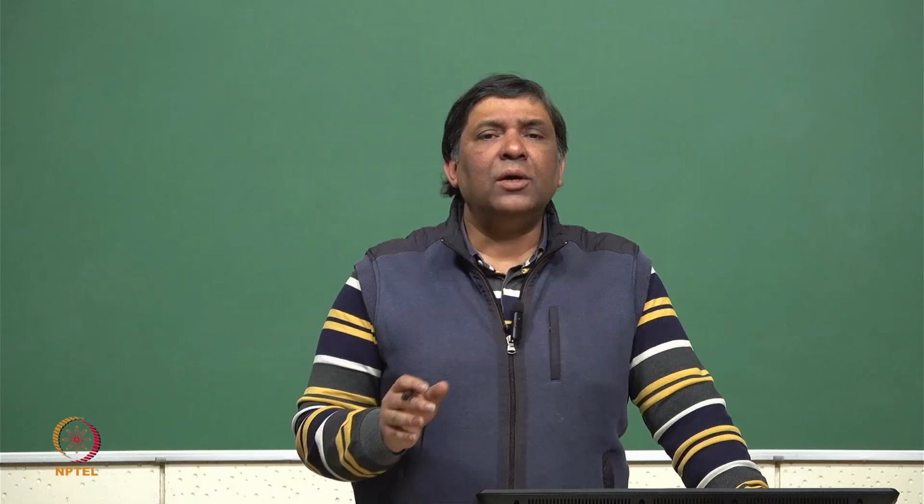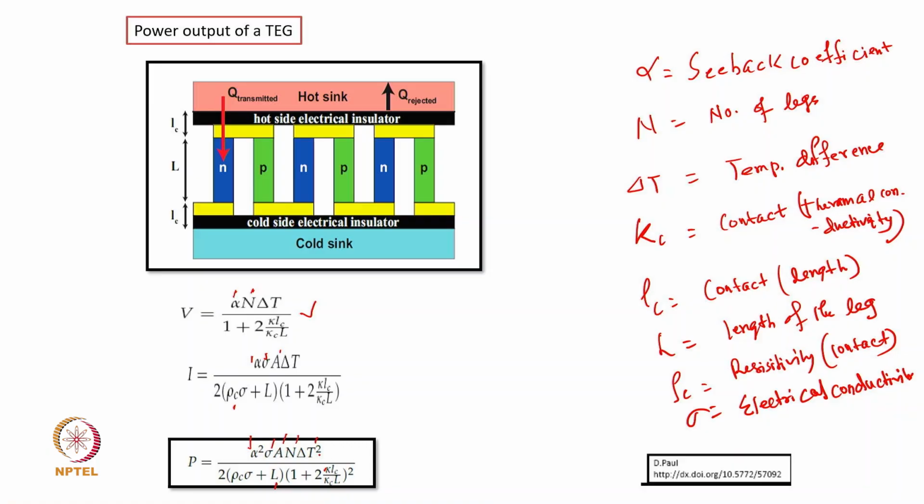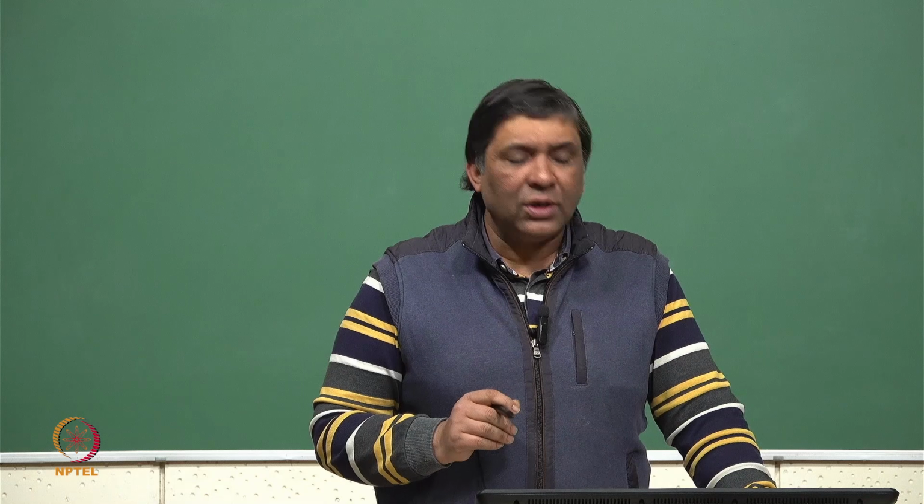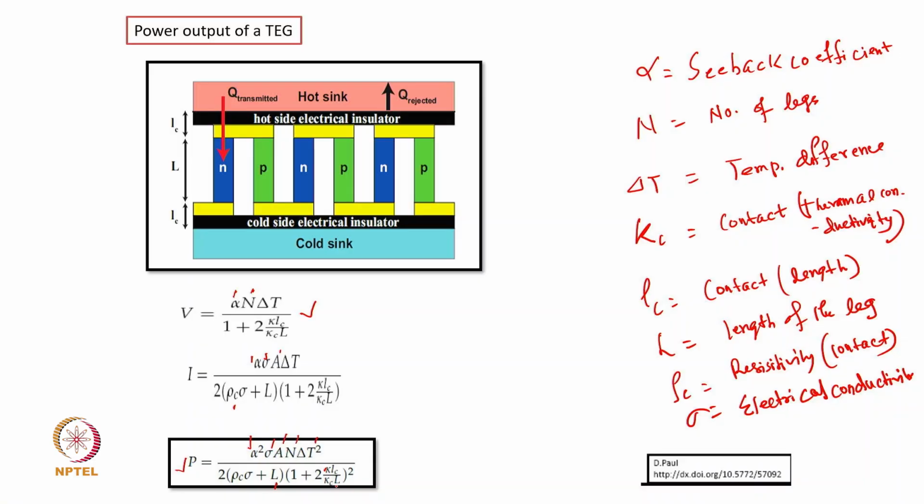If I have a higher power factor, I have a higher power output, and all these quantities optimize the output power. It also depends on the resistivity of the contact material, thermal conductivity of the contact material, length of the legs, and also length of the contact materials.